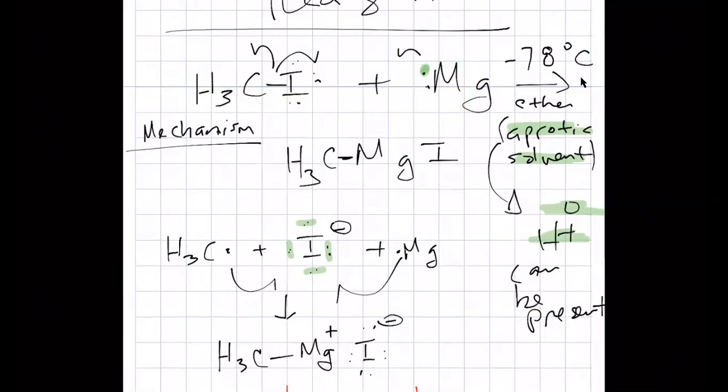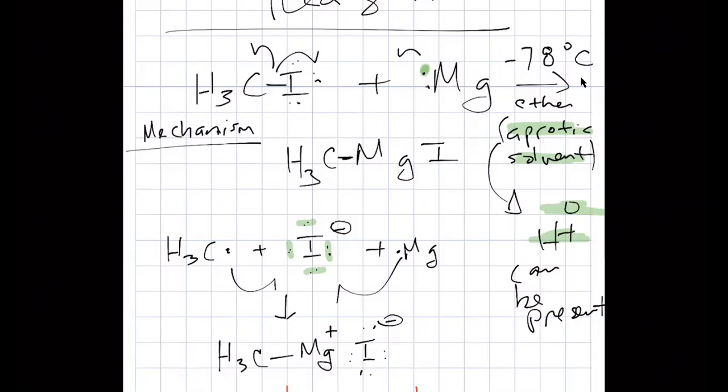Any questions about the Grignard or how to make it? I'm not necessarily going to ask you for the mechanism, but I just wanted to show you how it happened. Somebody tell me again what a Grignard is. How do you distinguish it? It's going to be a covalent bond between the carbon and magnesium. Good.